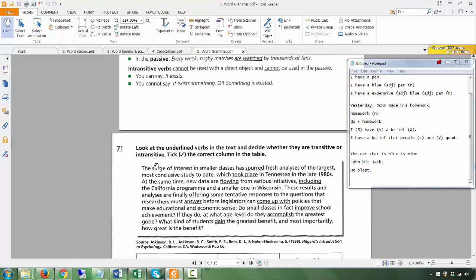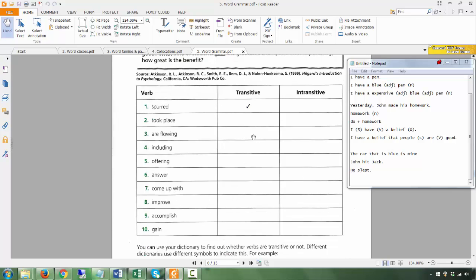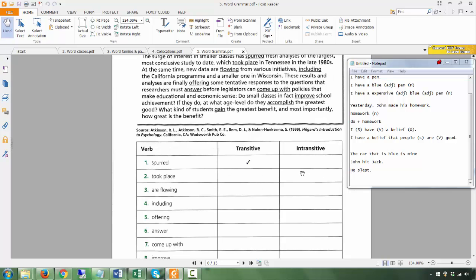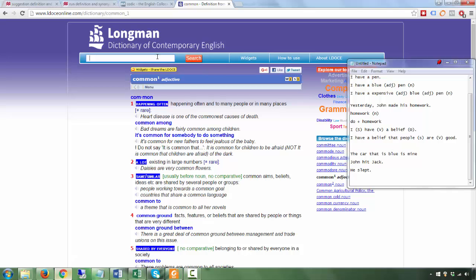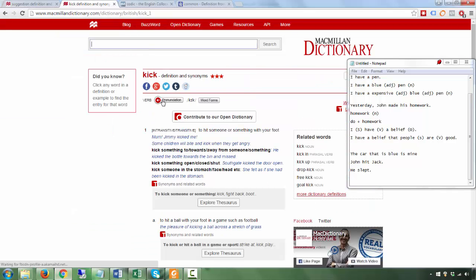Right, this paragraph, put whether it's transitive or intransitive. It can only be one. You can't put 2, because in this context, it is possible that a word can be both transitive and intransitive. Let's look at this word kick. Very often you kick someone, right?